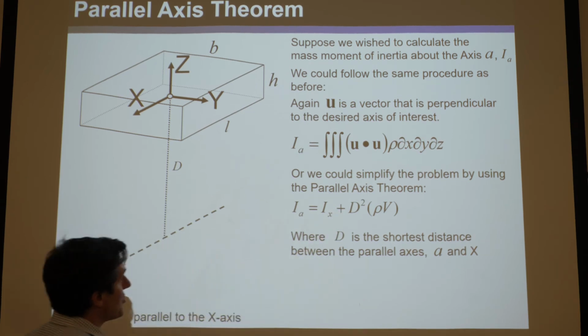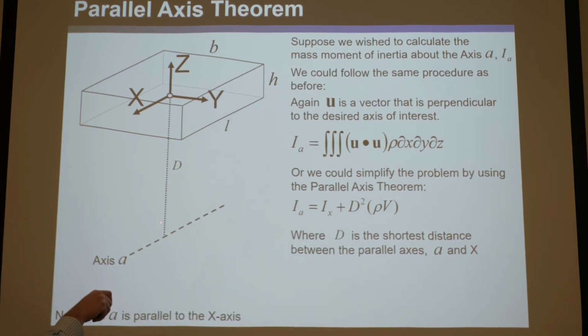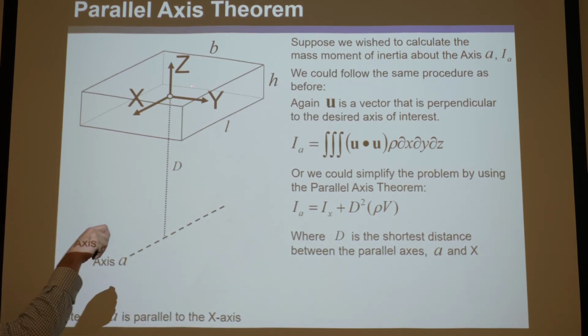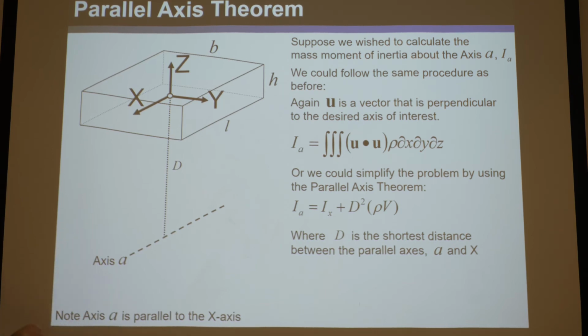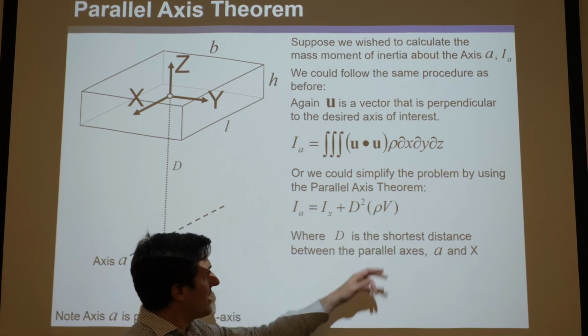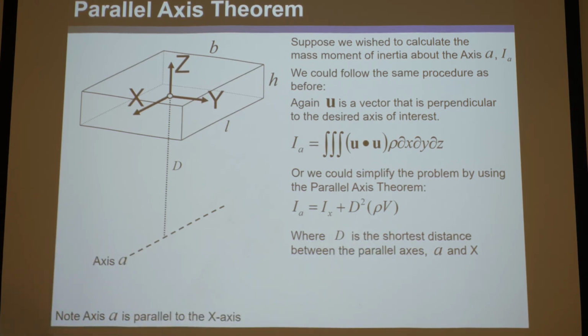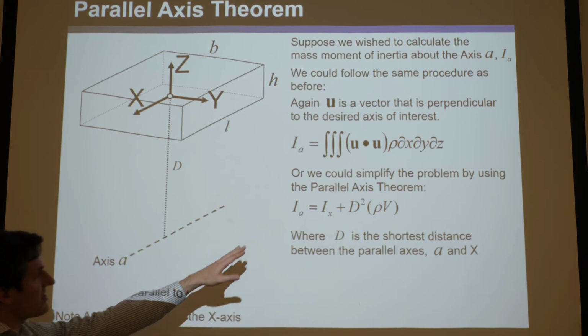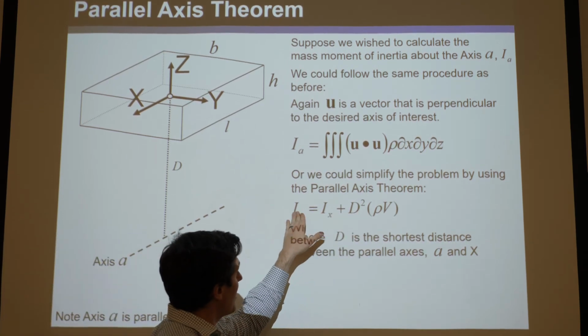But then you add to it the shortest distance between this axis and the x-axis here, which is d squared, times the mass of the stage, rho times V. So notice it's always some distance squared times some mass. Of course, they're the same units, so you can add them, and you have IA.